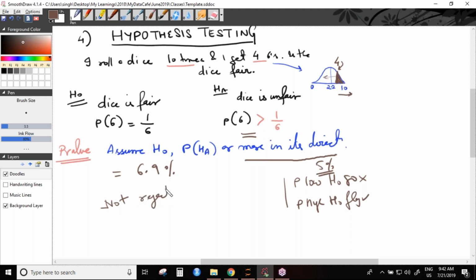You will fail to reject the null hypothesis, which means the dice is fair. You will say the dice is fair. You were probably lucky that you got 4 sixes when you rolled it 10 times. This is not an unfair dice.